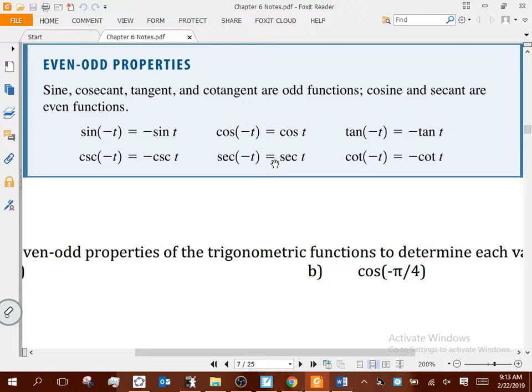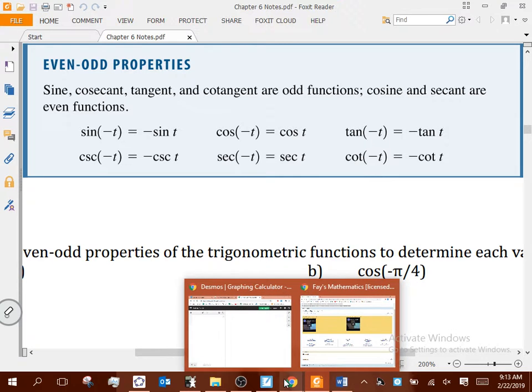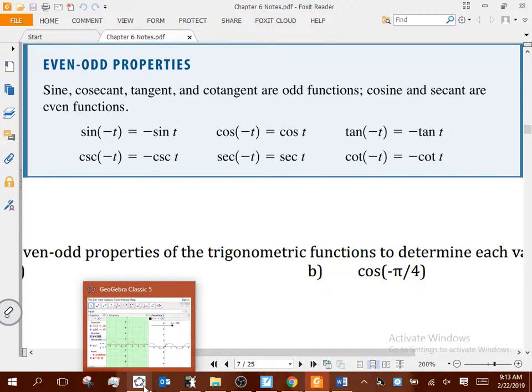And so let's just deal with the sine of negative t. We'll go back and look at the unit circle with this as well in a moment.